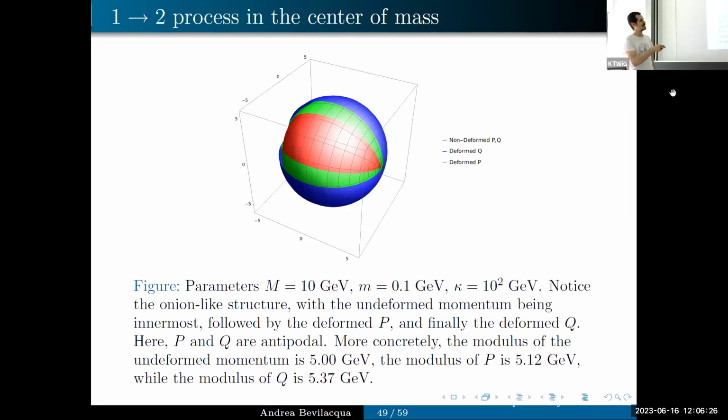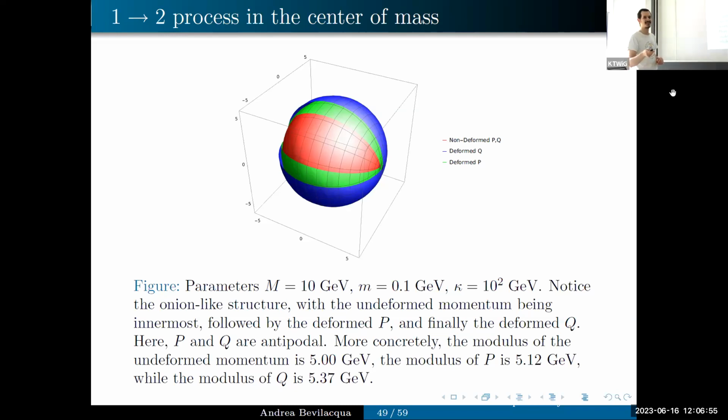So the effect of the deformation is to make some regions of the parameter space not allowed. No, here maybe I didn't say: the red is undeformed. Red is undeformed, that's the standard kinematics. Then green and blue, I cut them up just so that you can see the red inside.